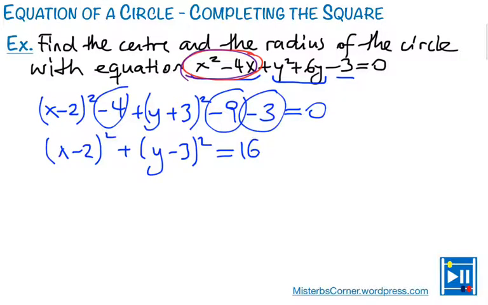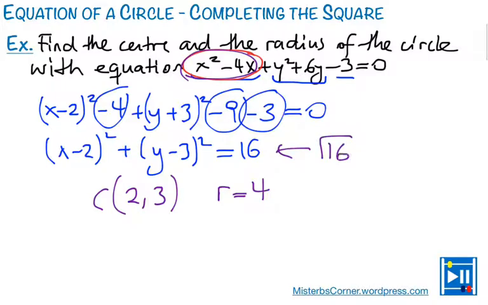So now I can write the center being (2, -3) and the radius being 4, because I have to take the square root of 16, right? And I ignore the negative value because in geometry we always have positive values for length. So that is the answer to this question.